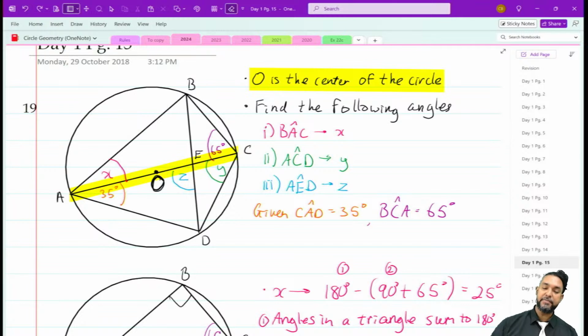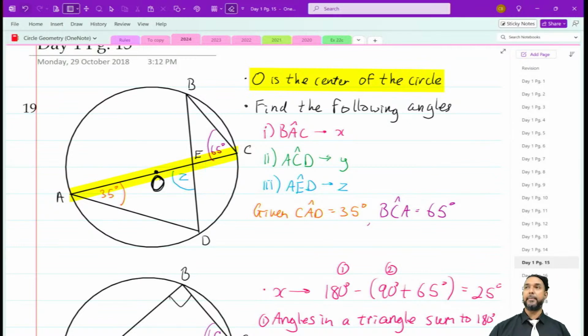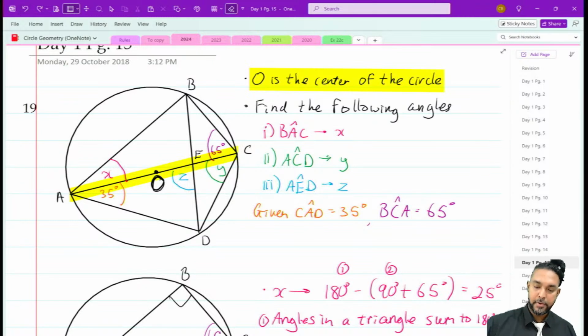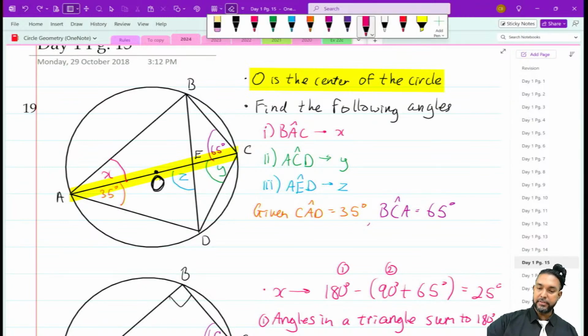But we could very easily find it, because if you disappear this line here and this line here, we see our double triangle Spider-Man thing. So this angle down here is equal to 65 degrees, because angles in the same segment are equal. So that's Z.